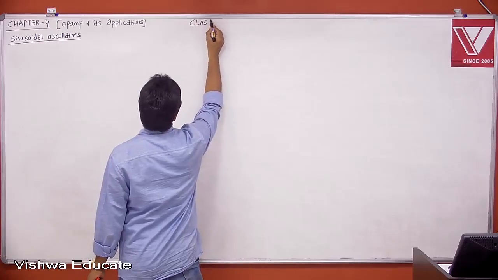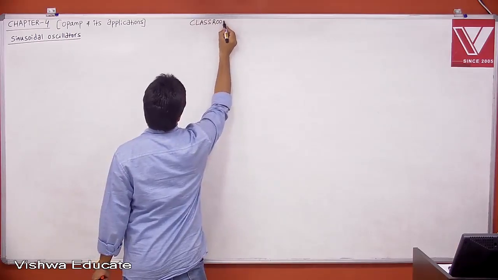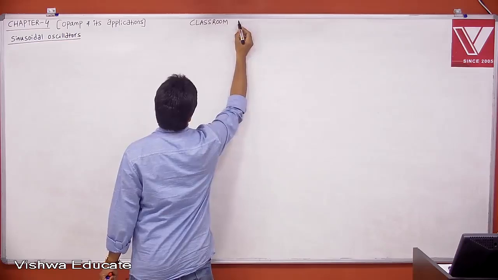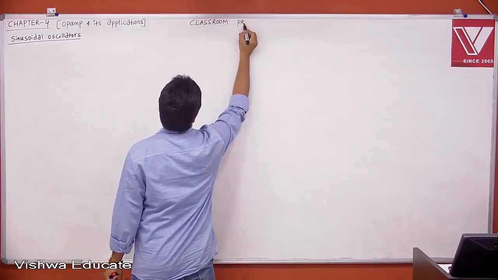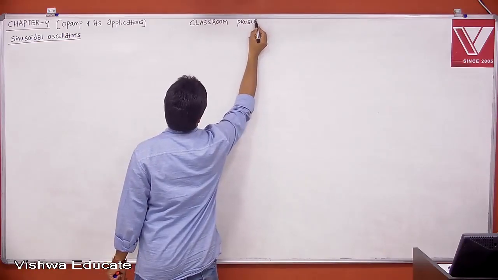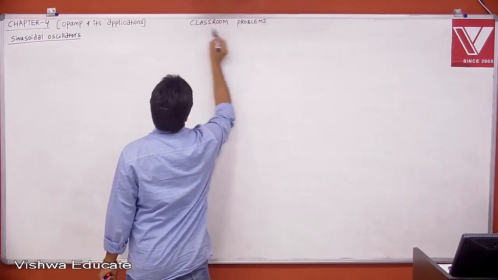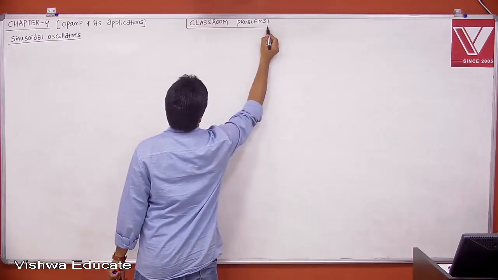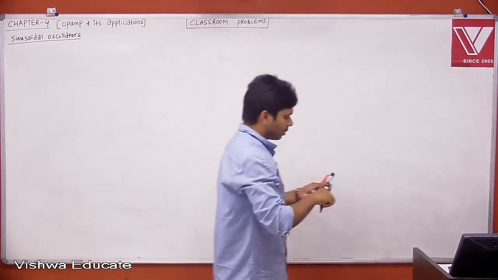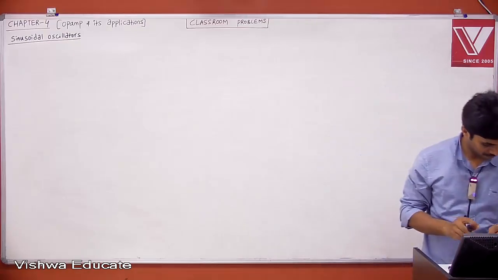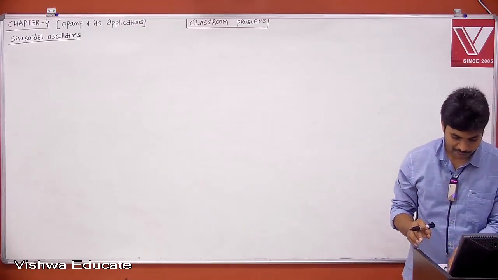Classroom work problems, from chapter number 4. Okay. Write down problem number 19.